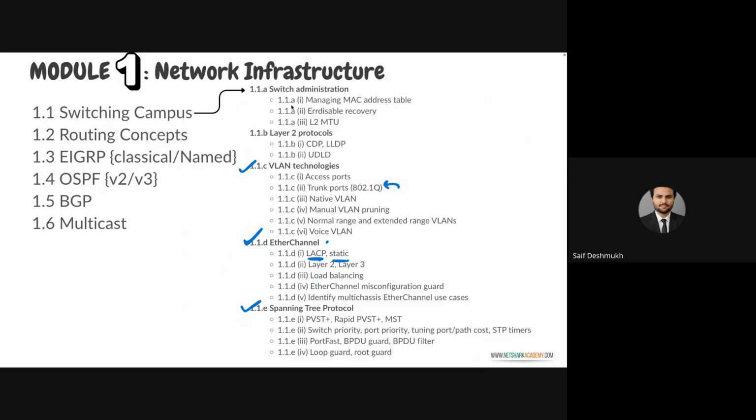Some smaller topics would be switch administration, layer 2 protocols like CDP, LLDP, UDLD. These things are added here. So we're not going to be considering these as a separate topic or separate classes. Rather, these things are taught as part of the other things.